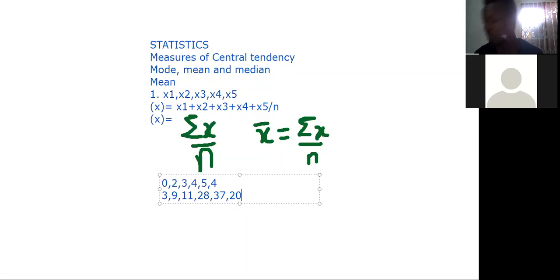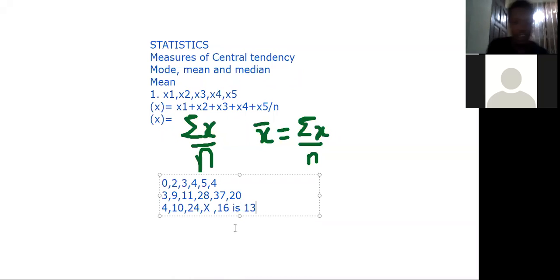What are you getting? The first one, what did you get? 3. 3, okay. The second one, what did you get? 8. 8, okay. Now let's do this one too. The average of 5 numbers: 4, 4, 10, 24, x, and 16 is 13.